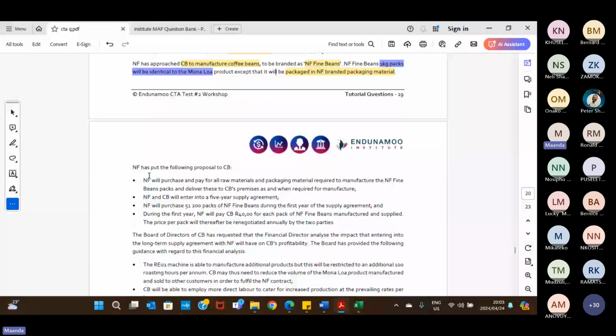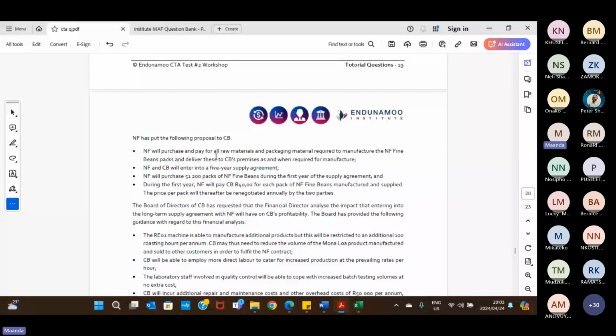NF will purchase and pay for all raw materials and packaging materials required to manufacture the FN beans and deliver this to CB premises as and when required to manufacture.